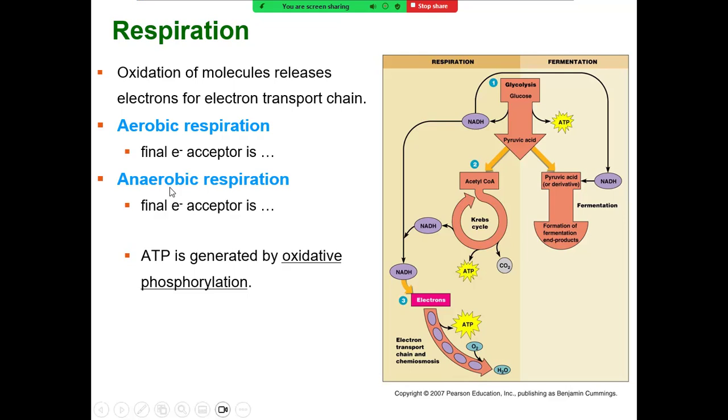Along the way in respiration, ATP is generated by oxidative phosphorylation, and that happens in the electron transport chain. There is some ATP made in the Krebs cycle, but only 2, and we'll talk about that in a little bit.